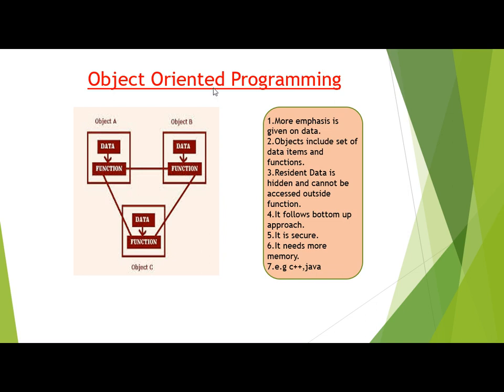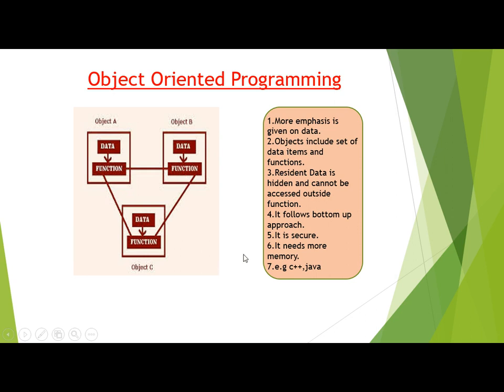Here in this picture we can see that this program consists of three objects, object A, object B and object C, and each object consists of data and function. So this is also one very important point of object oriented programming methodology, that objects include a set of data items and functions together.